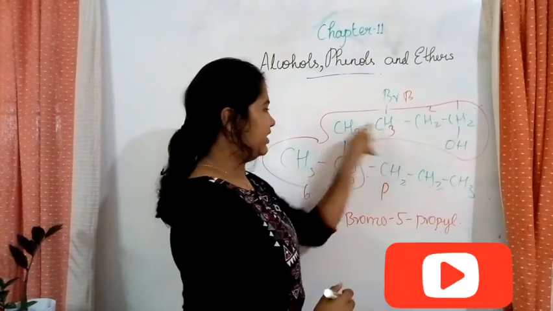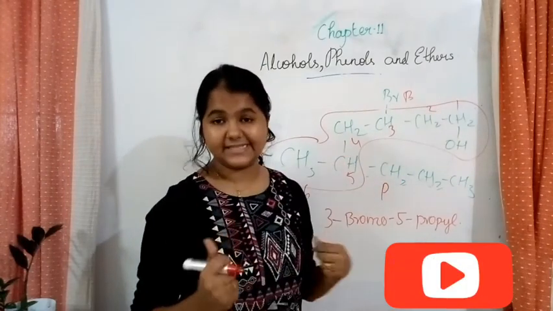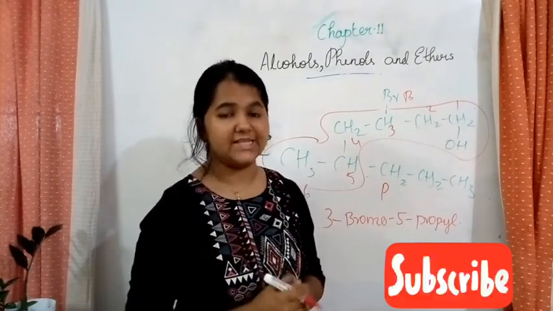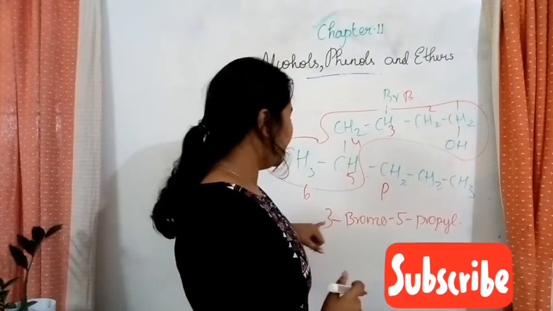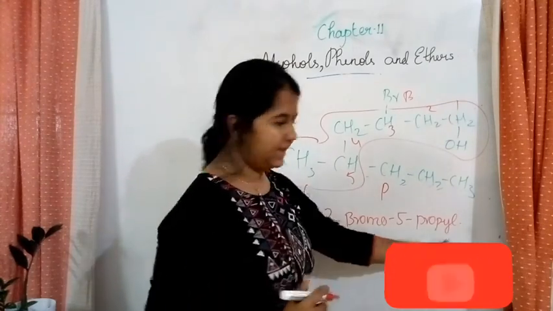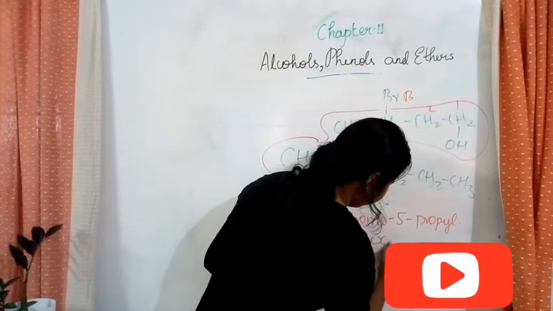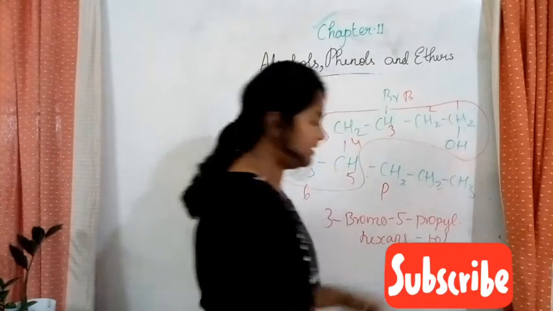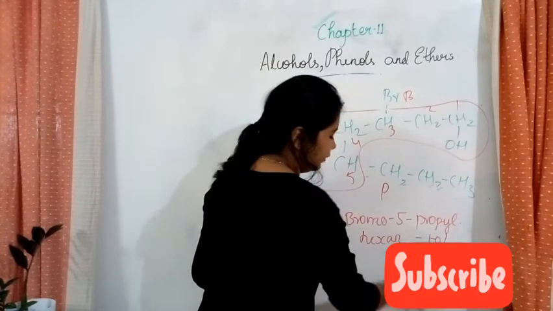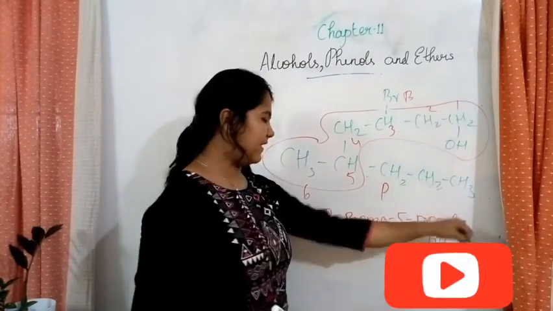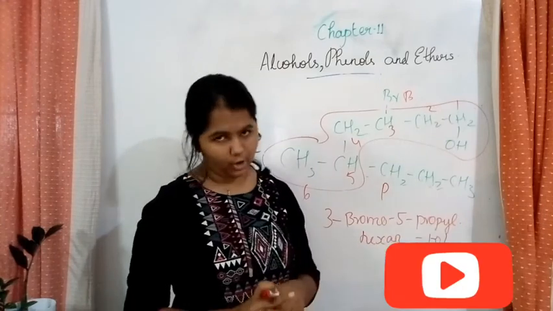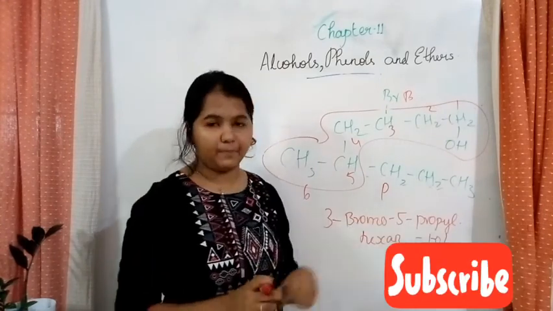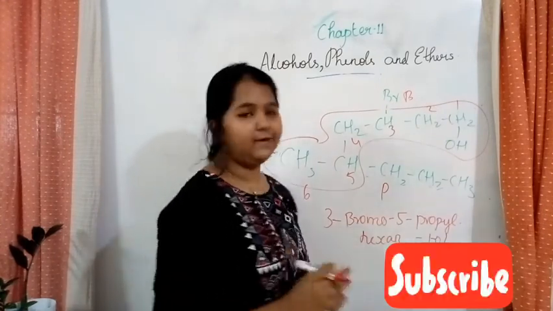This is 1, 2, 3, 4, 5, 6. So what is a 6 carbon alkane called? It's called hexane. So that is 3-bromo, 5-propyl, hexane, 1-ol. Is there a mistake? Yes, there is no requirement for the e. So this is 3-bromo, 5-propyl, hexan-1-ol, or 3-bromo, 5-propyl, hexanol is the answer for this.